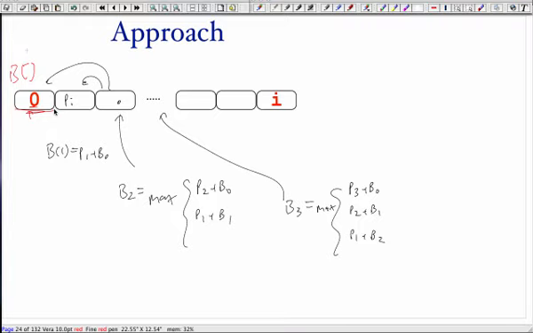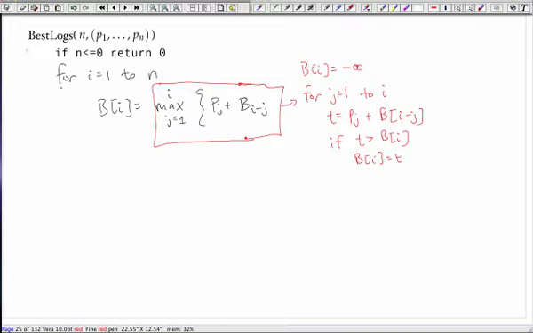If it was anything more, I would be a very wealthy person. So we're going to start here with b0 is equal to 0, and then we're going to iteratively update this, where essentially we're going to go from 1 to n, and bi is going to be the max of pj plus b of i minus j.